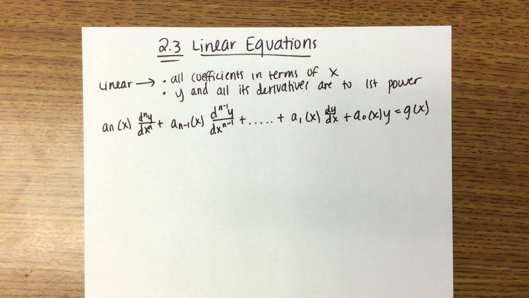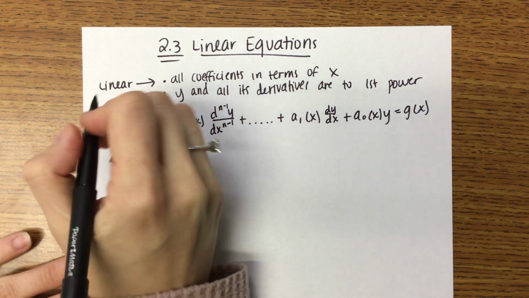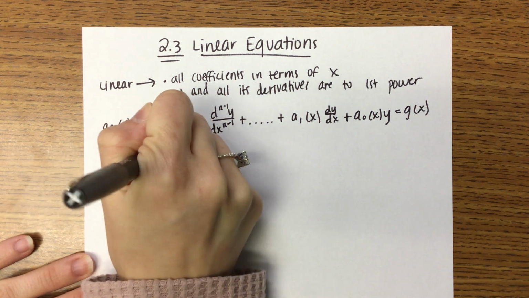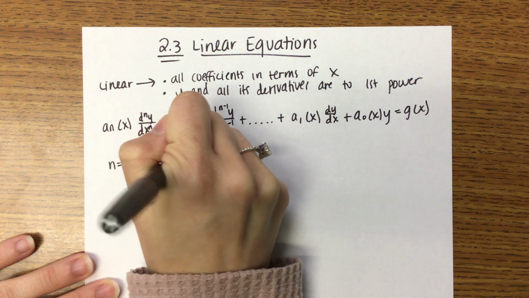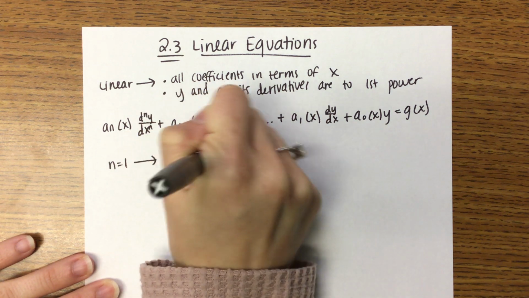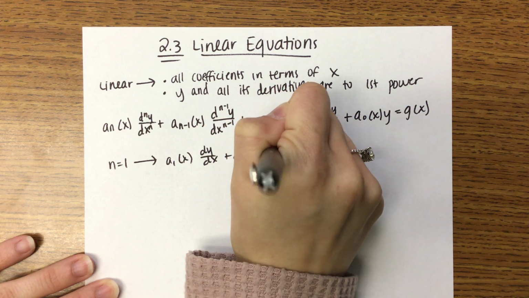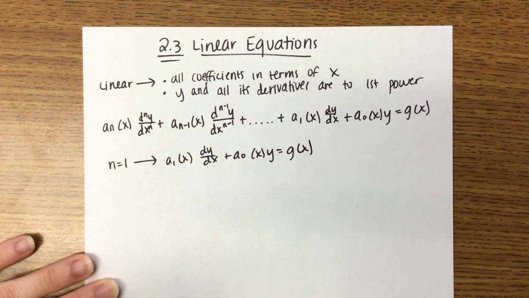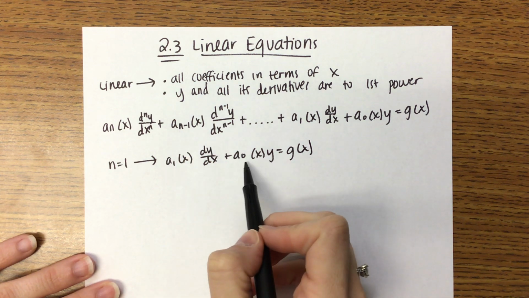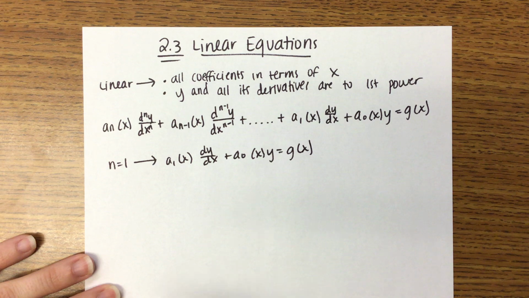We are going to specifically today look at first order linear equations. So in the case where n is 1, first order, the equation is a1 of x dy dx plus a0 of x y equals g of x. Okay, a1 and a0, those are coefficients in terms of x.